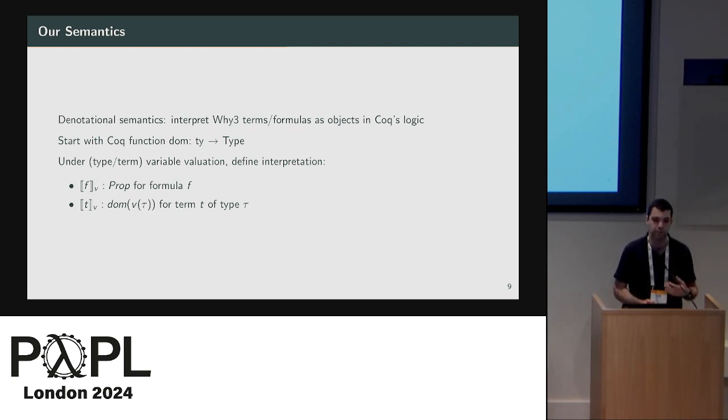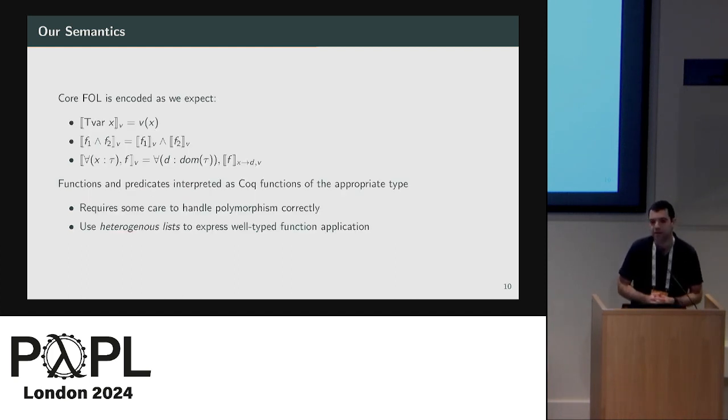So a formula becomes interpreted as a Coq proposition, and a Why3 term of type tau will be evaluated as an element of type domain of tau, ignoring polymorphism for the moment. And the core first-order logic is encoded the way that we might expect, where to evaluate a variable, we will simply look it up in the valuation. A Why3 and becomes a Coq and, a Why3 forall becomes a Coq forall, and so on.